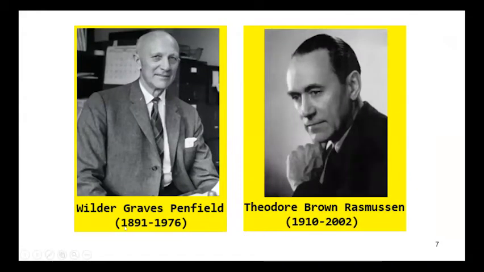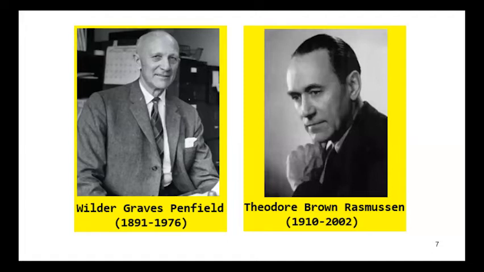So your textbook has mentioned names of these two gentlemen, Penfield, an American Canadian neurosurgeon. This gentleman was the one who made the concept of homunculus, the motor homunculus of the body. And what is homunculus? This is the topographical representation of the whole body over the surface of the cerebral cortex.